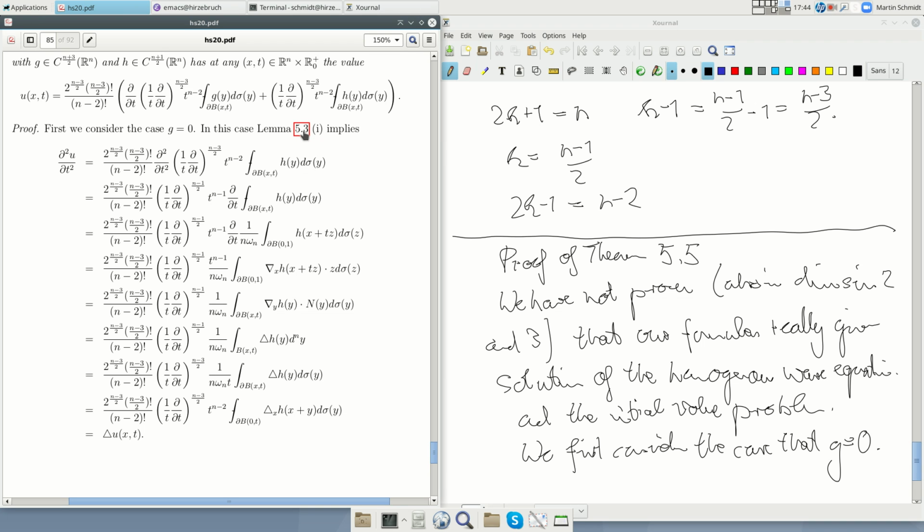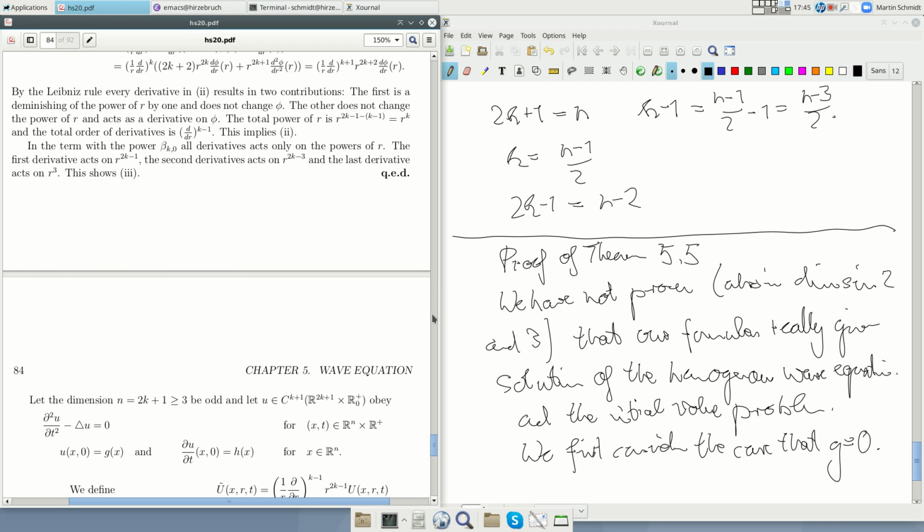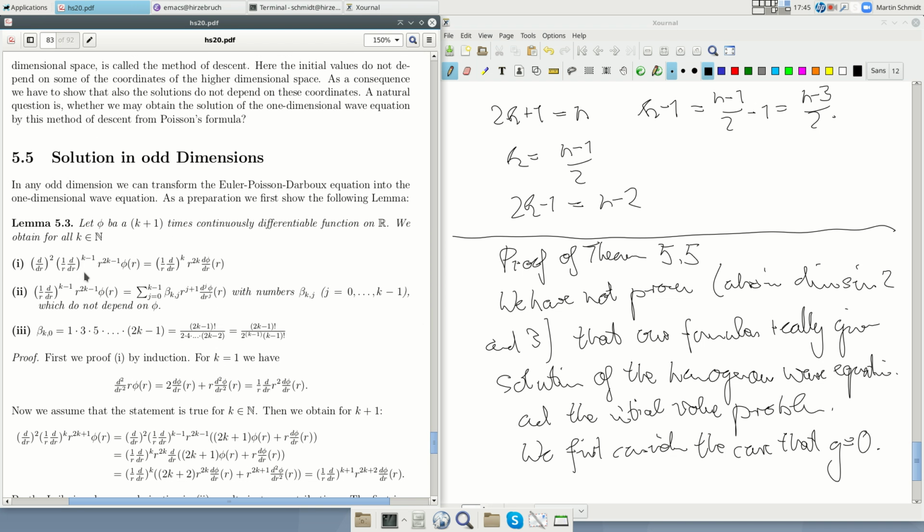Now we apply this. We recall that this is k minus 1. So we apply this lemma, the first point. We apply this statement here, k minus 1, this factor, a second derivative. And then we get factor k, power to the 2r to the 2k, and so on.